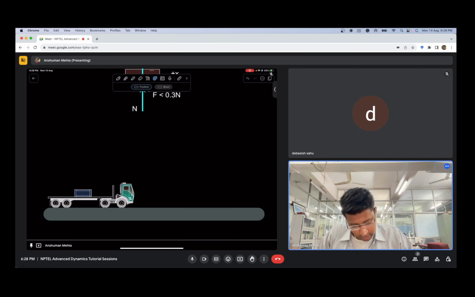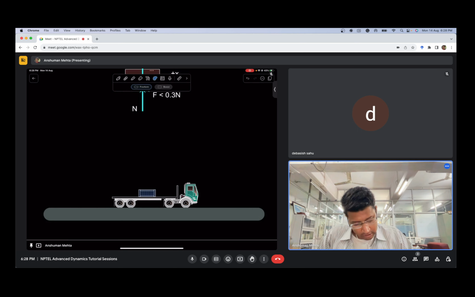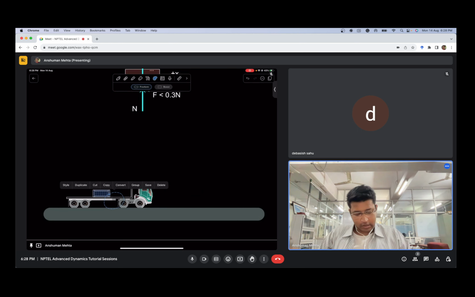So this is a truck going like this, and then suddenly it brakes at this point.